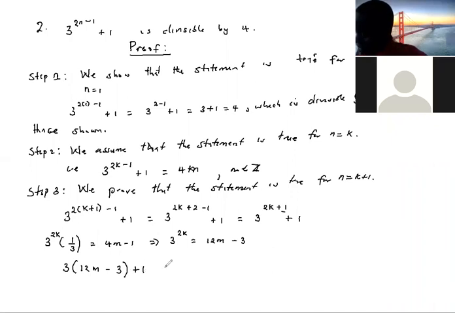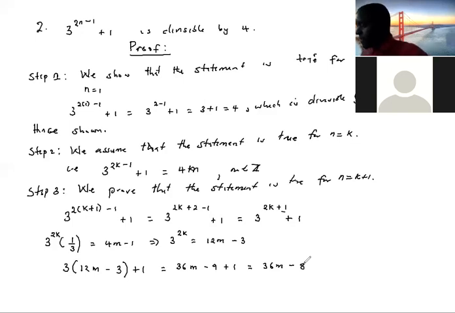So let's see if this will be divisible by 4. If we expand this, 3 by 12, we get 36m, and then from there, we have minus 9 plus 1. So this becomes 36m minus 8.